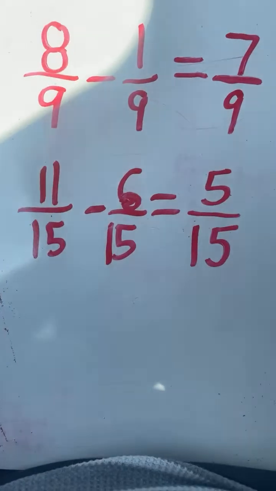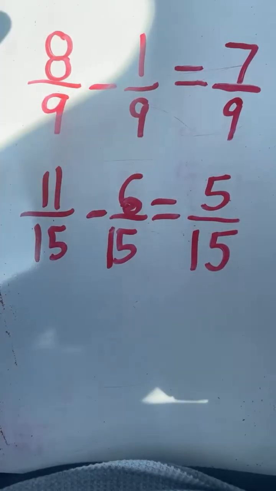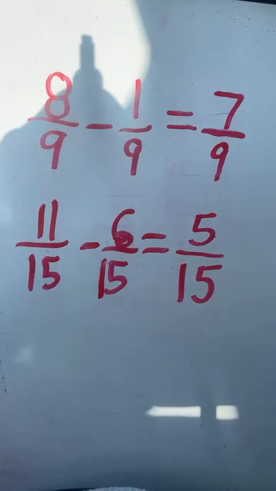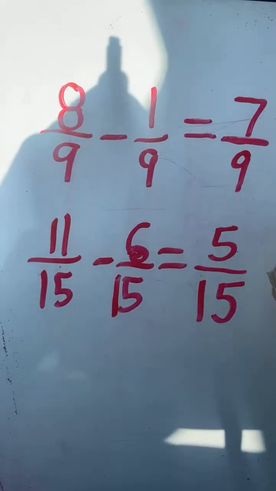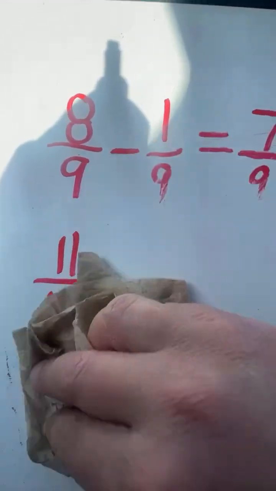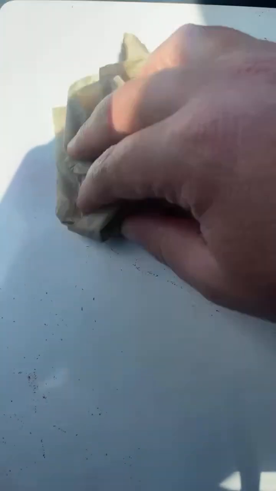But if there's a different denominator, then it's a completely different method. I have some videos on how to solve fraction problems with unlike denominators, but we're saving that for another video. All the fractions in this video are going to have the same denominator.